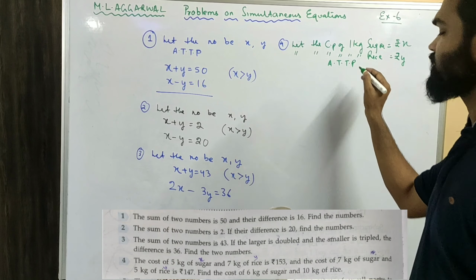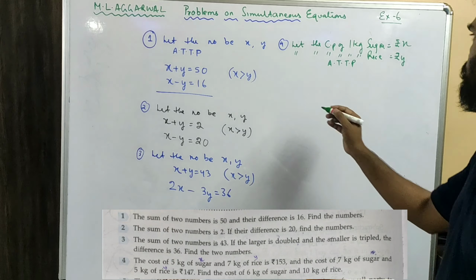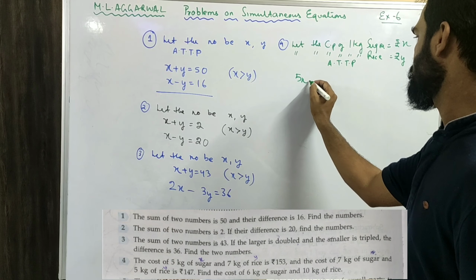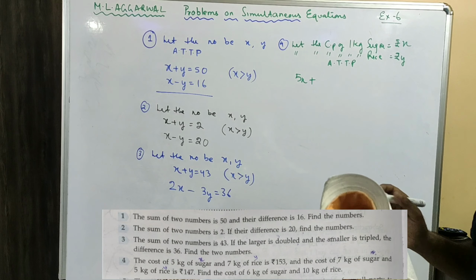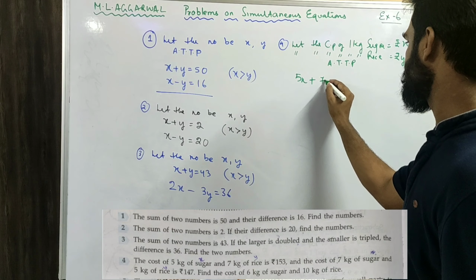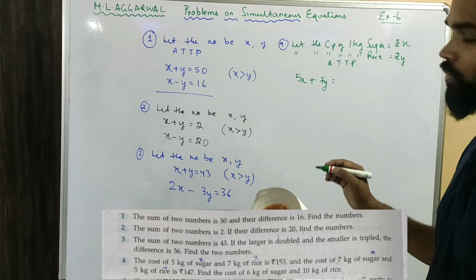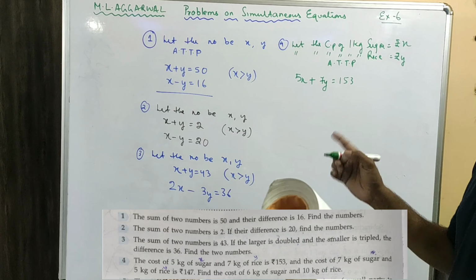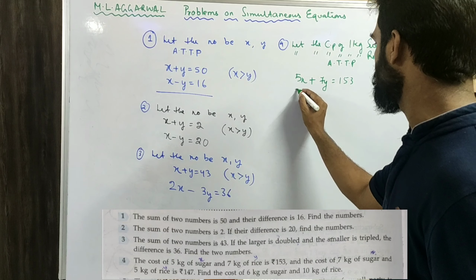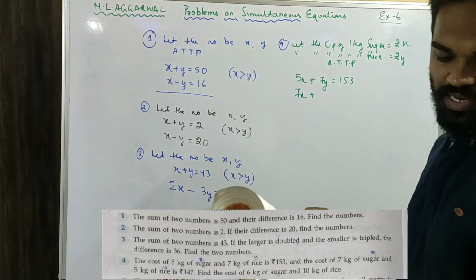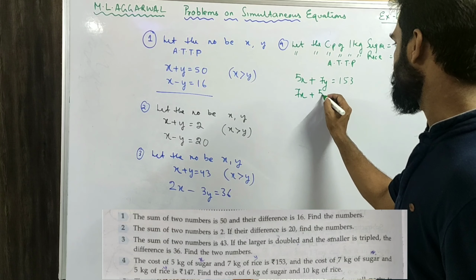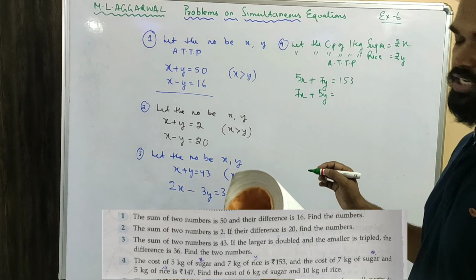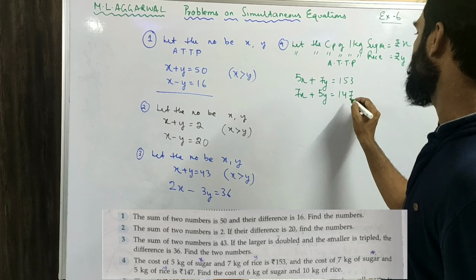According to the problem, 5 kg sugar, which means 5x, plus 7 kg rice, which means 7y, is equal to 153. They have told this in the sum. And the cost of 7 kg sugar, 7x, and 5 kg rice, that is 5y, is equal to 147.